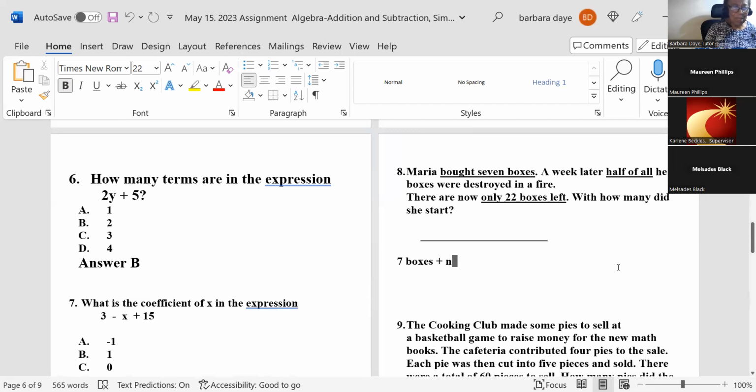No, she put an N there and equal. What is 7 boxes plus N equal to? 7 boxes plus N. What is that equal to? Okay. What is that equal to?